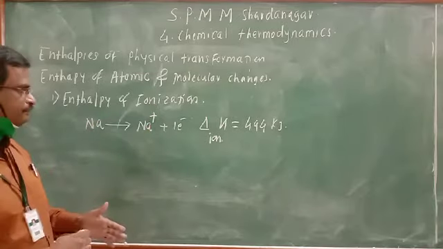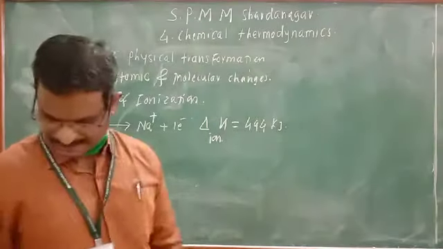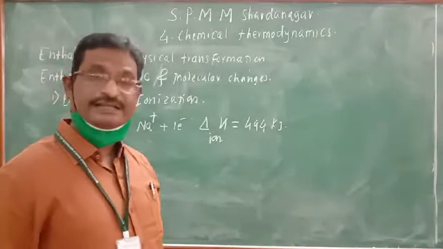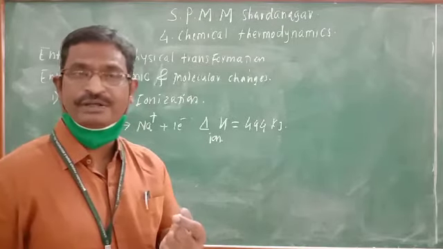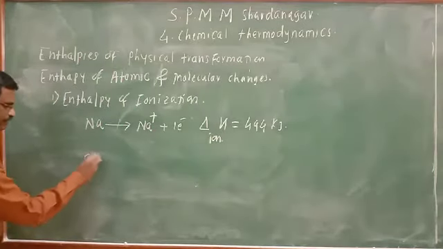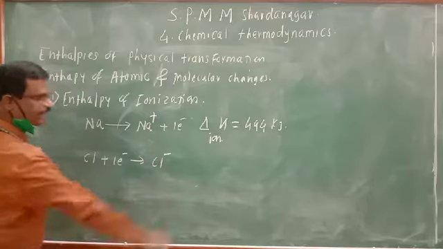Opposite of that means electron is accepted. Whenever there is acceptance of electron, it means formation of an anion. For example, chlorine gains electron and is converted into the anion.